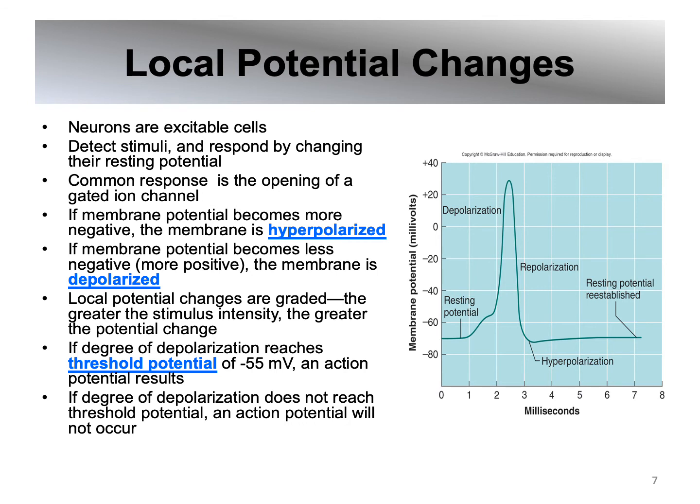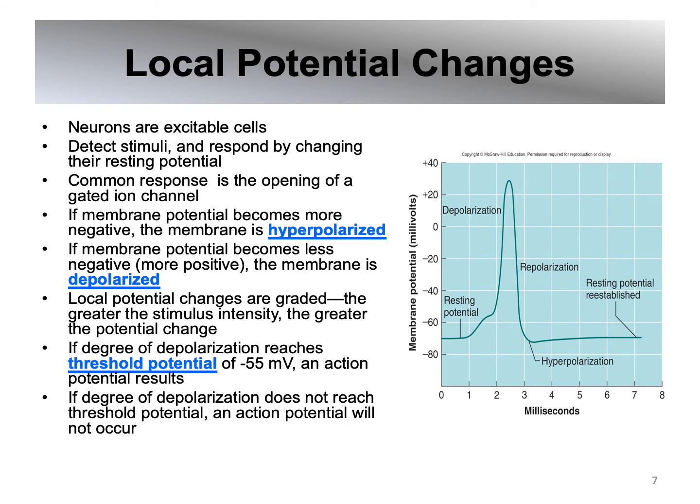So the polarized situation changes to depolarization. Local potential changes are graded. The greater the stimulus intensity, the greater the potential change. If the degree of depolarization reaches the threshold potential, which is the limit where you can either have a response or not, this is minus 55 millivolt, and then an action potential happens. So threshold potential is minus 55 millivolt.